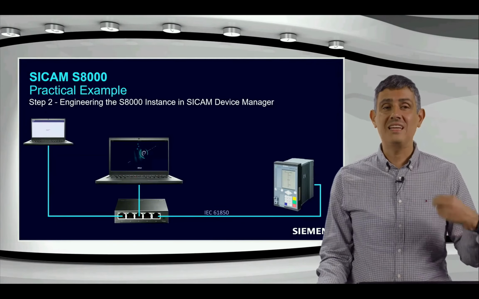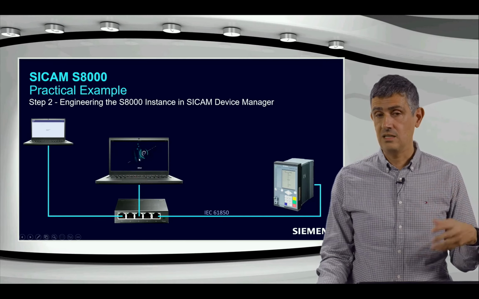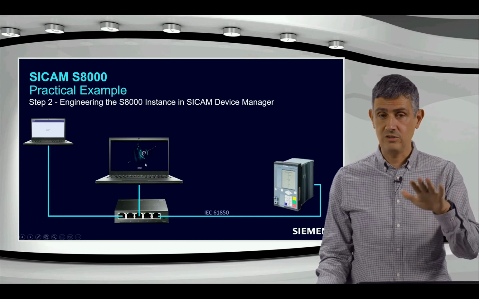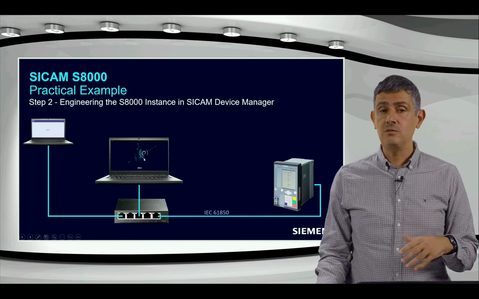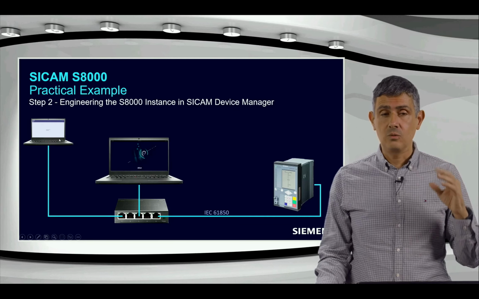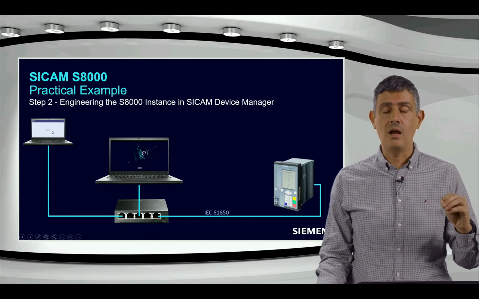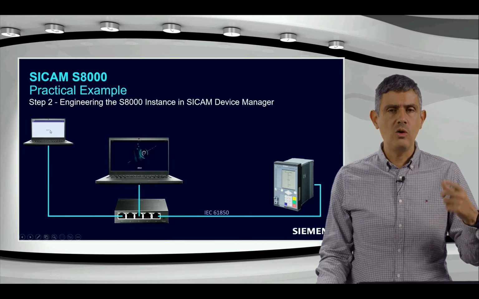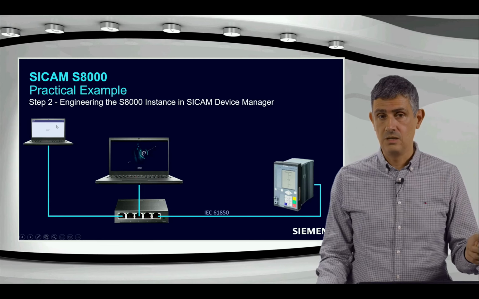Then we can go to the next step. The Debian machine with the S8000 is already here in factory settings, and we need to create a configuration for that system. This we do with a Windows computer where we have installed the configuration software Sicam Device Manager, the same software that you already use and know for the Sicam 8000 RTUs.